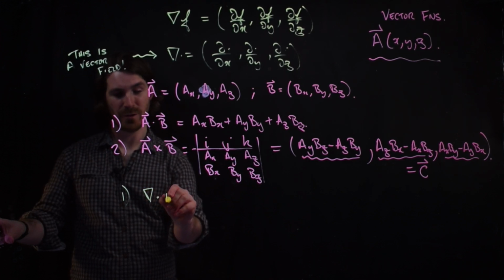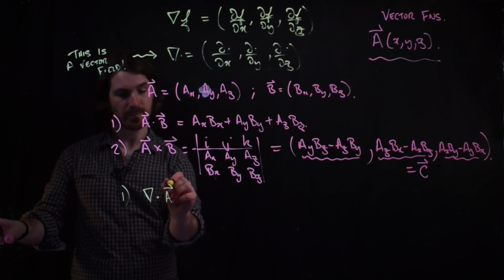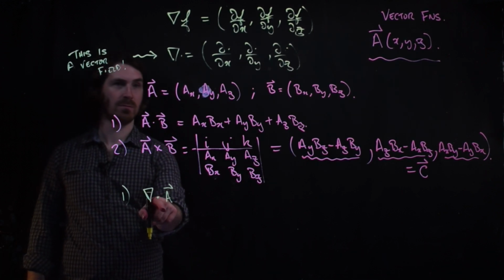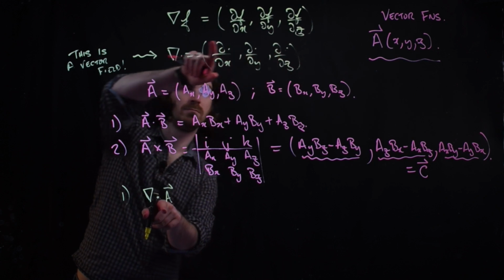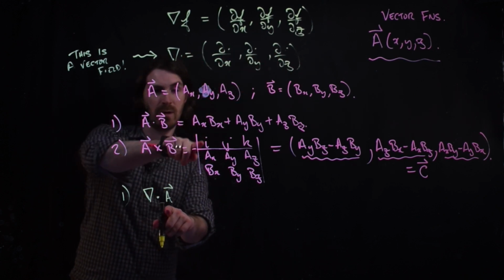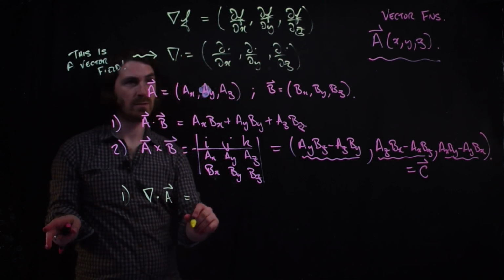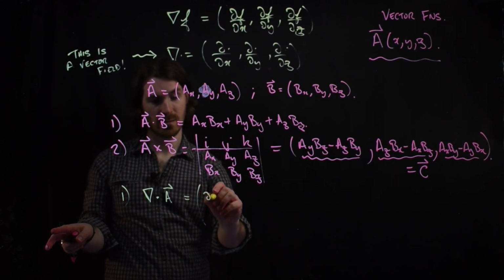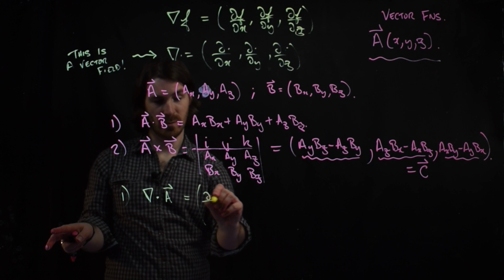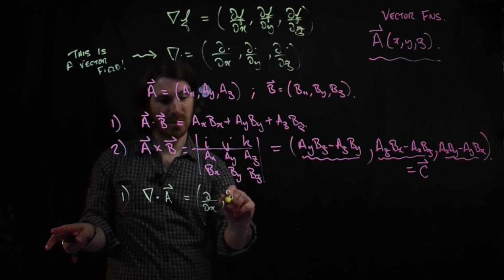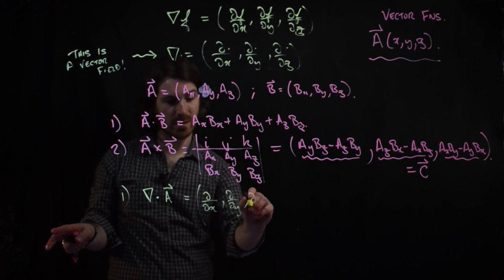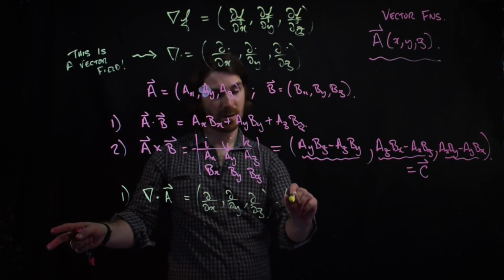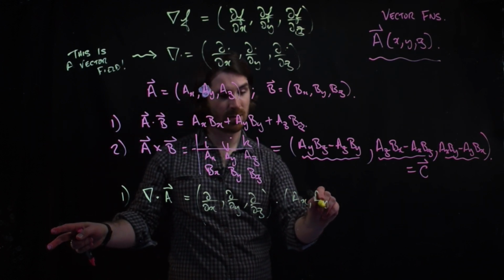So the divergence of A is taking the scalar product of this vector, this nabla, with A. So this is the scalar product of d by dx, d by dy, d by dz with ax, ay, az.